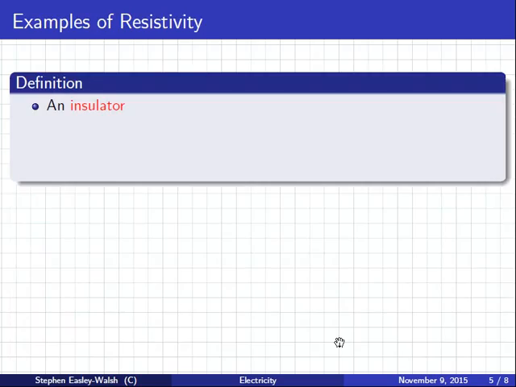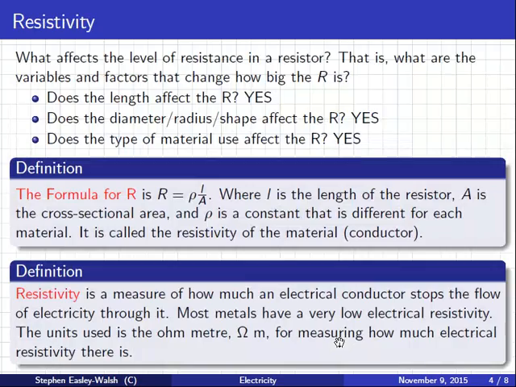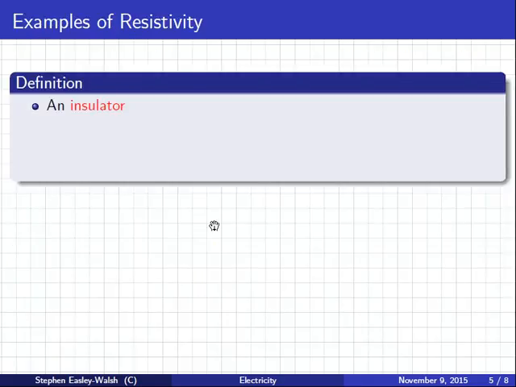Now, an insulator will have a notable level of resistance. What did you mean by most metals have a very low electrical resistivity? That the value of this constant for metals is usually quite low. I haven't given you any values yet, but I'm telling you they're usually quite low. Now, what's an insulator?